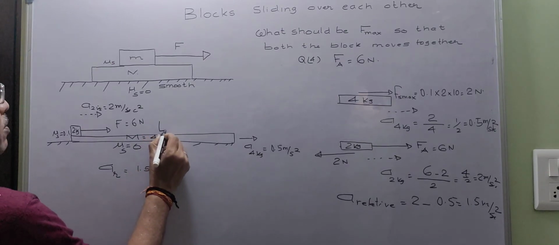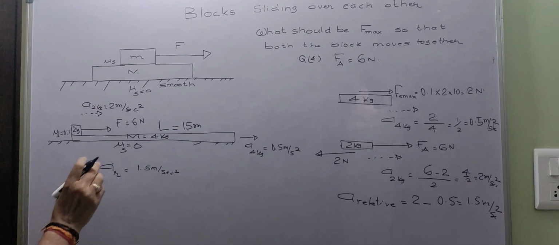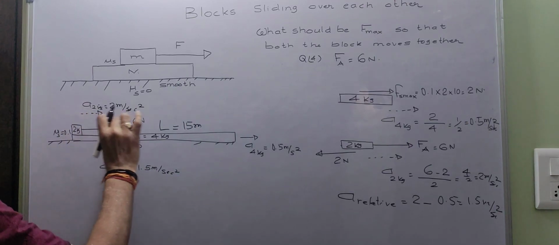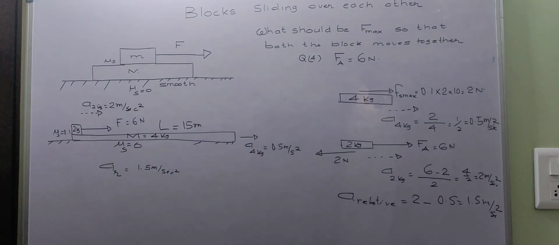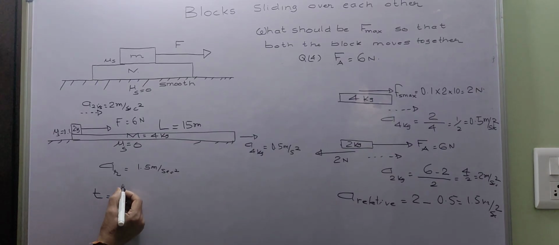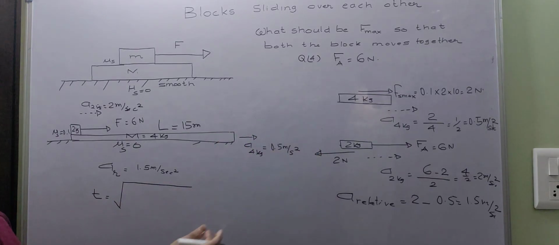Now if the length of the plank is, let us take 15 meter, then what will happen? This is moving slower, this is moving faster. So after some time this will fall in the rightward direction. So what is that time of fall? After which time will the upper block fall ahead in the rightward direction?